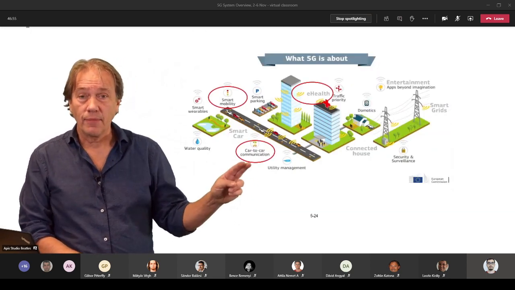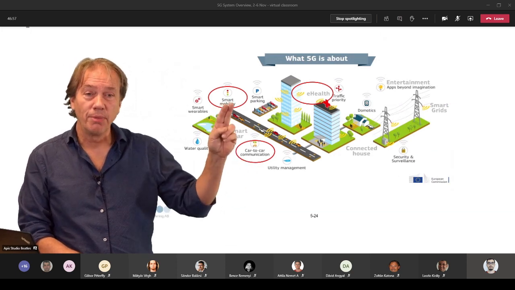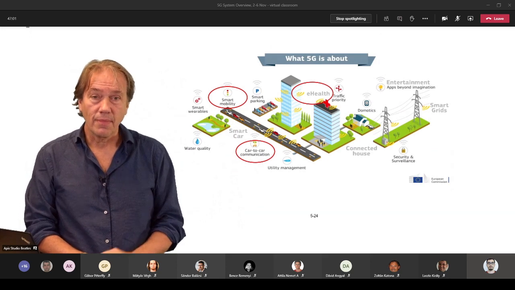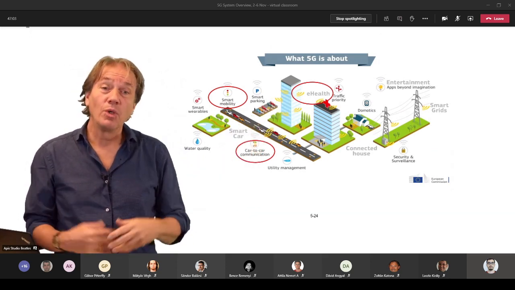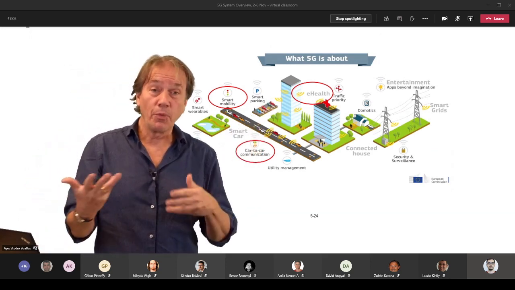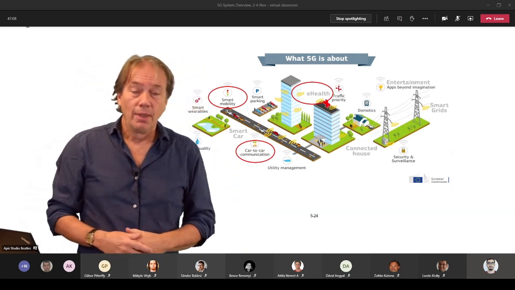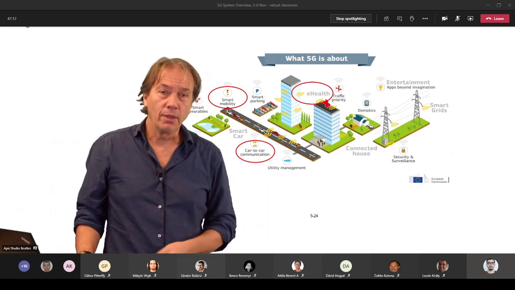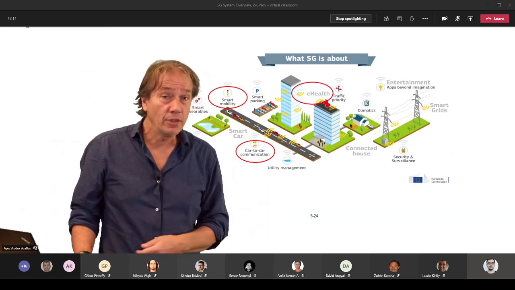Yeah, car-to-car communication, smart mobility, e-health. Once again, very often they talk about remote surgery. Some brain surgeon in the United States operating on somebody's brain in Stockholm.